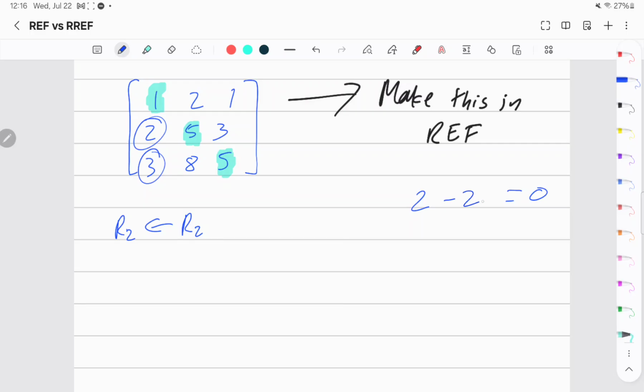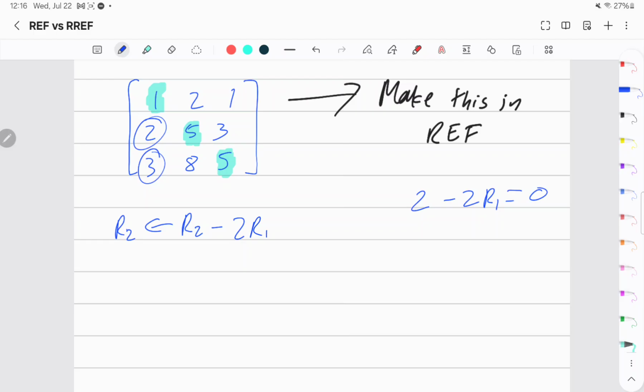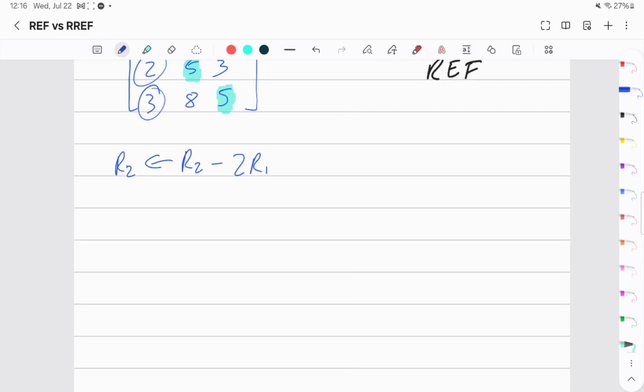If I do 2 minus 2, I get 0. So I need to make this row 1 into minus 2. How can I do that? If I simply do minus 2 times row 1, then I get this. So what does this say? This says that if you take your second row and subtract 2 times row 1 from row 2 and then replace it, you will definitely get a 0 in the bottom.